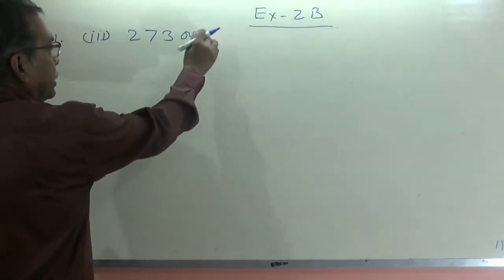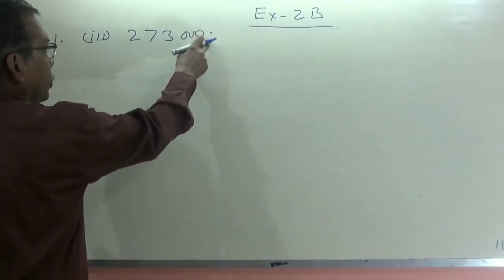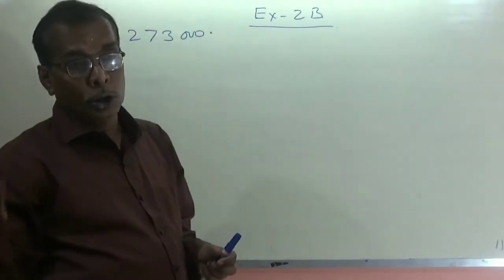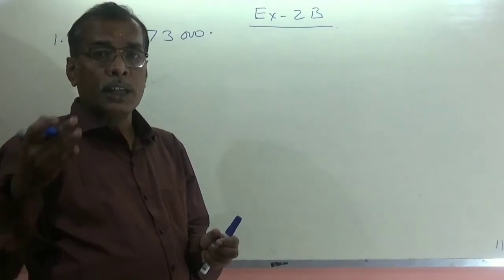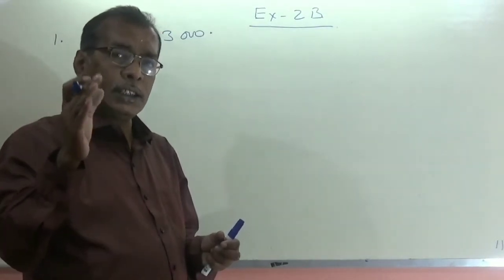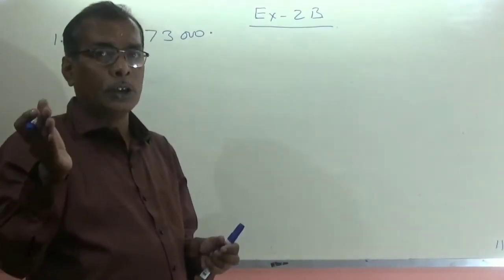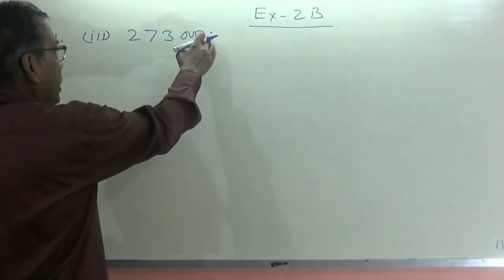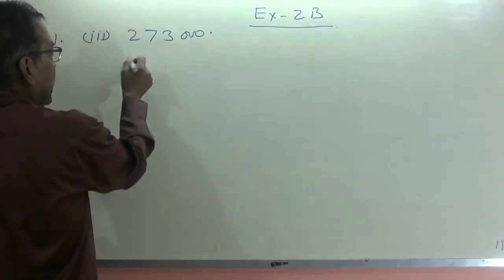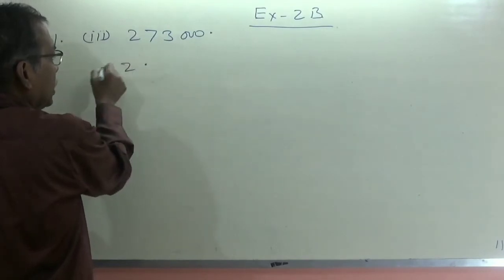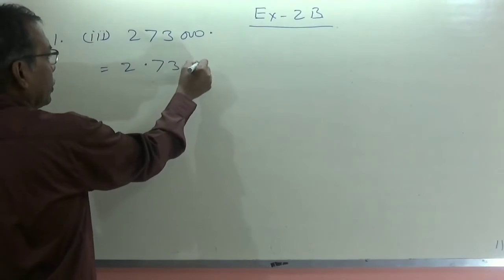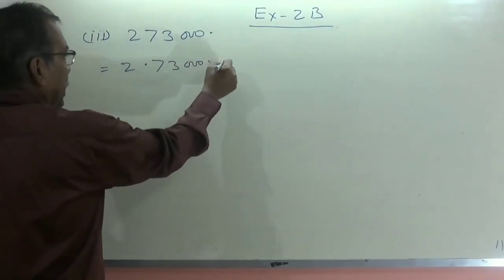So this decimal you have to change into standard form. And I have told you that standard form means the decimal should come after one place of integer. So if the decimal is here, then it will come here. That is 2.73 followed by 3 zeros into 10 to the power.